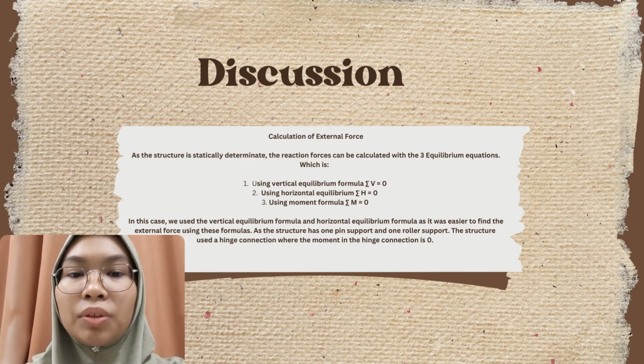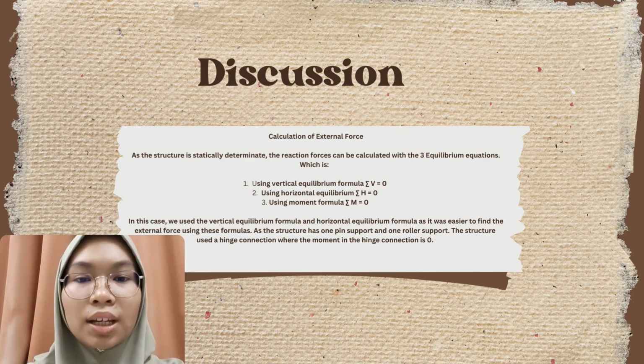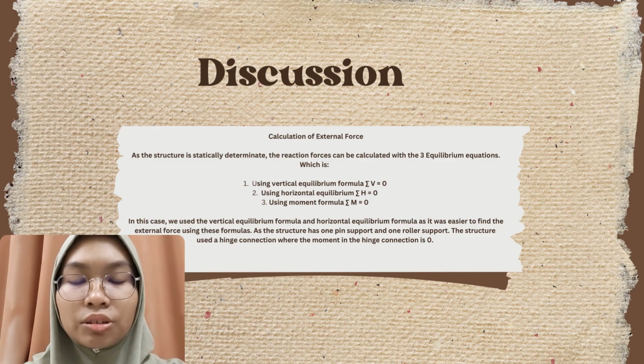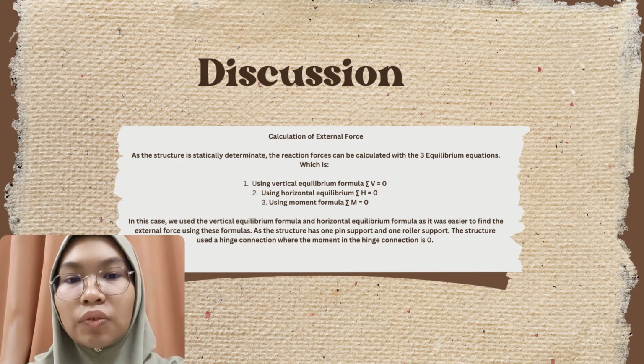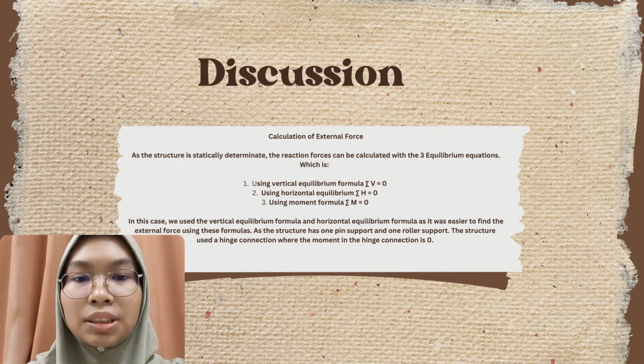Lastly, using the moment formula, which is sum of M equal to 0. In this case, we use the vertical and horizontal equilibrium formulas, as it was easier to find the external force using them. As the structure has one pin support and one roller support, the structure uses a hinge connection where the moment in the hinge connection is 0.